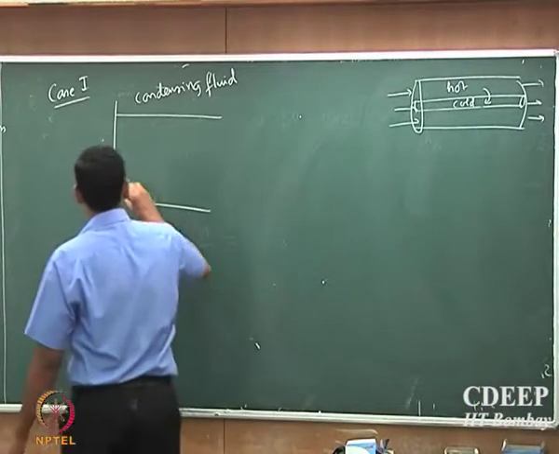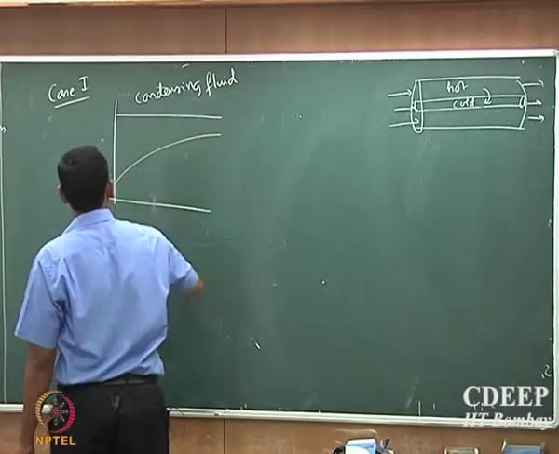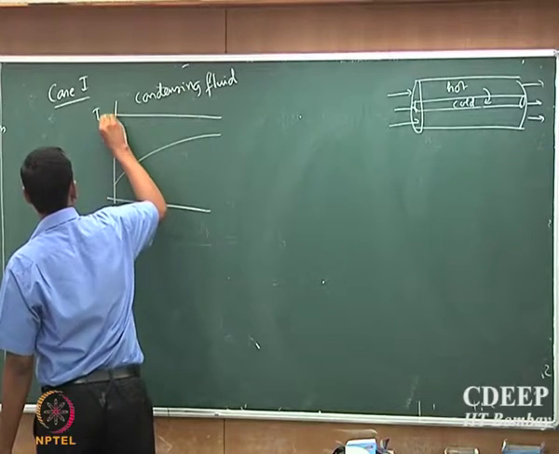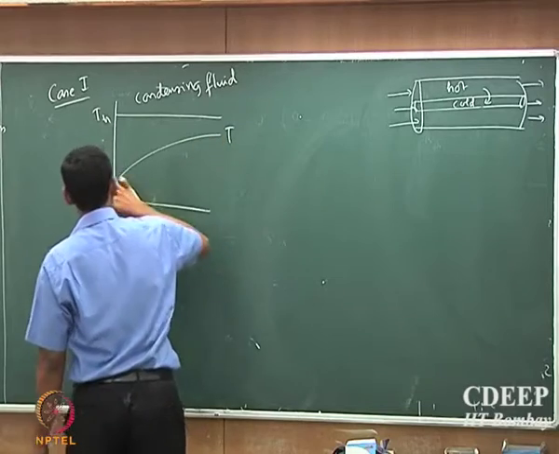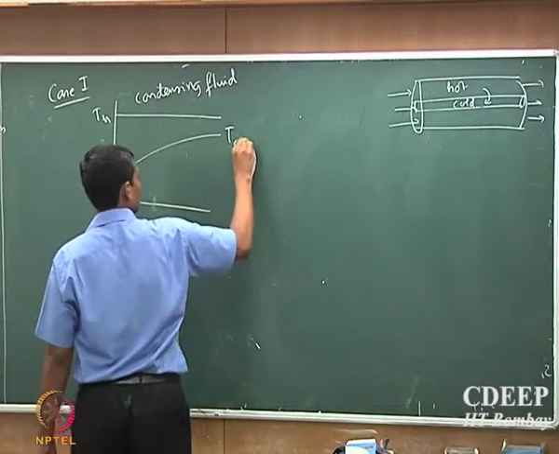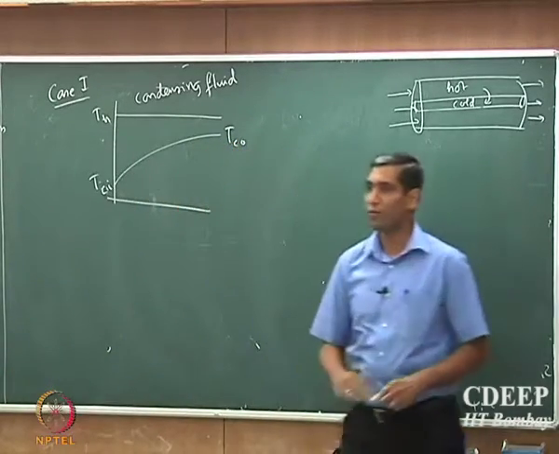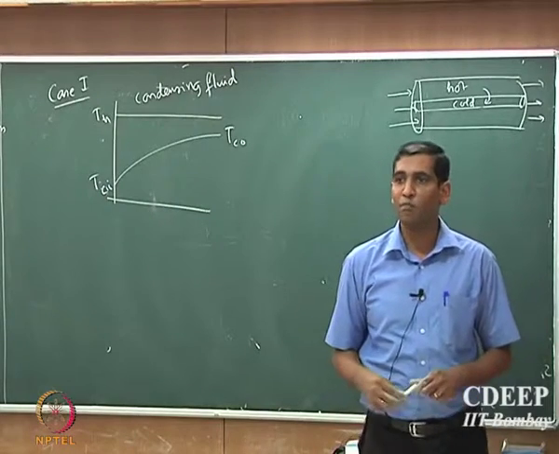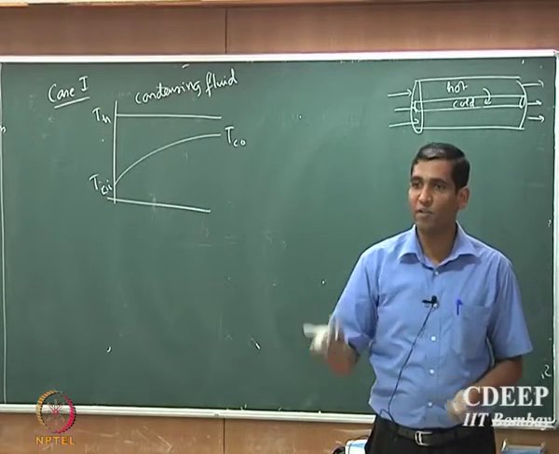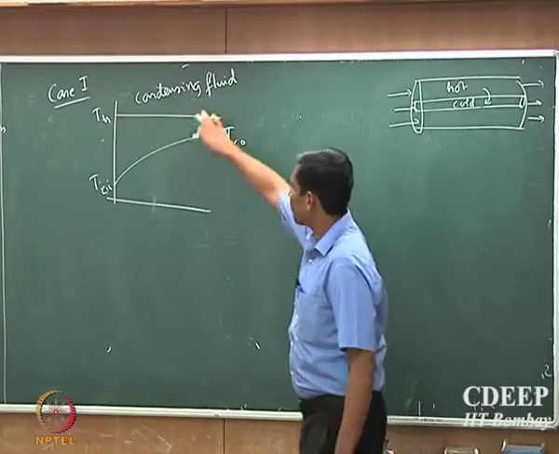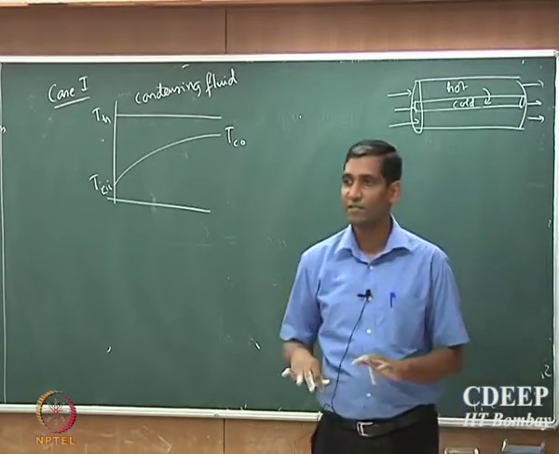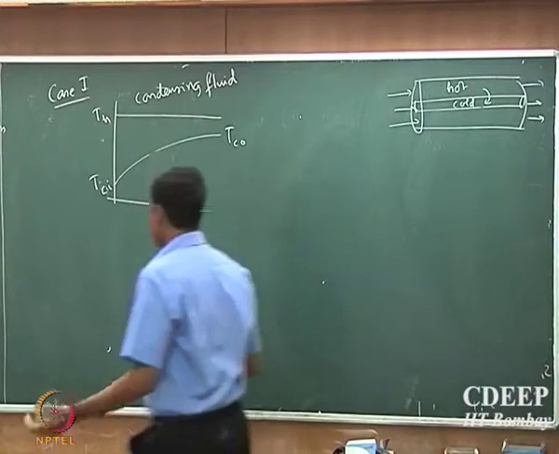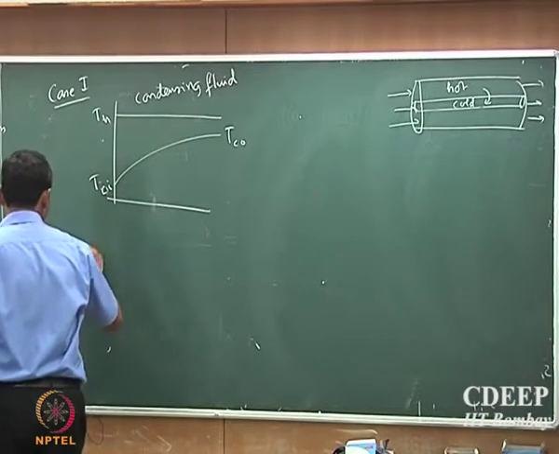Supposing I have a parallel flow, that's my hot fluid inlet, and that will be my cold fluid outlet temperature. So you can have a situation where the temperature is almost constant in one of the chambers, and that's the typical case when you have a condensing fluid. What's the opposite of that? Cold fluid evaporating. It's obvious to guess that.